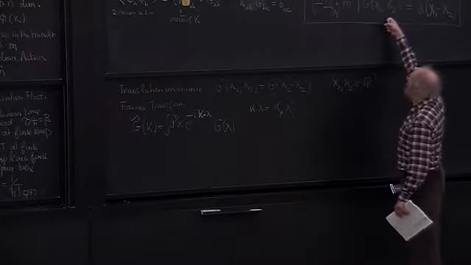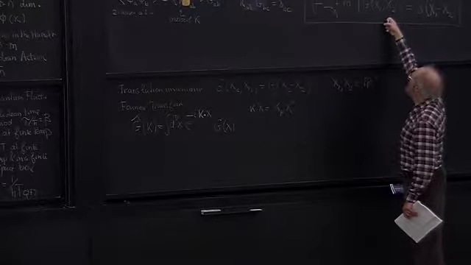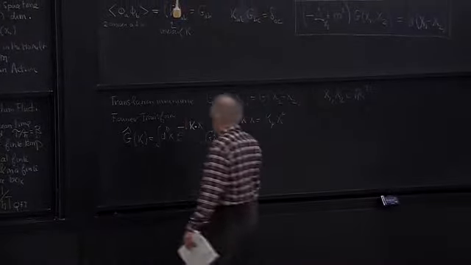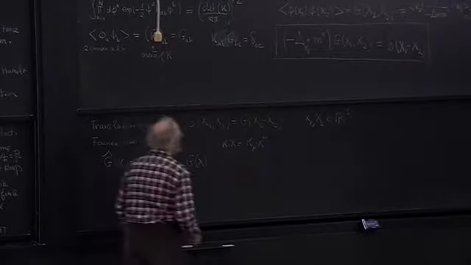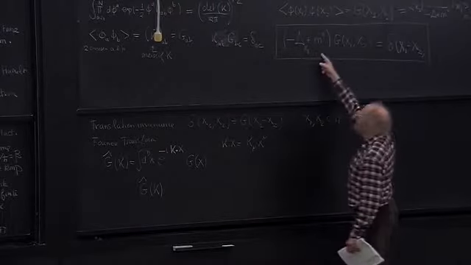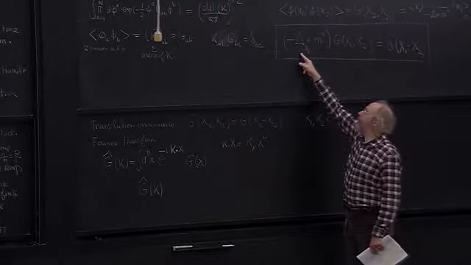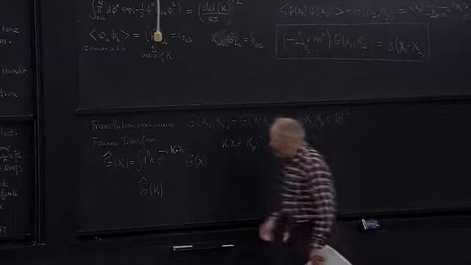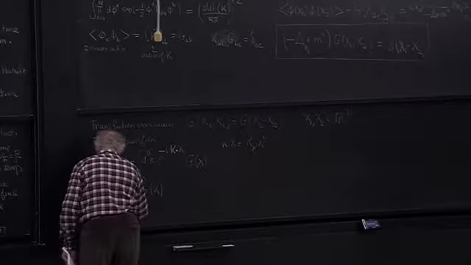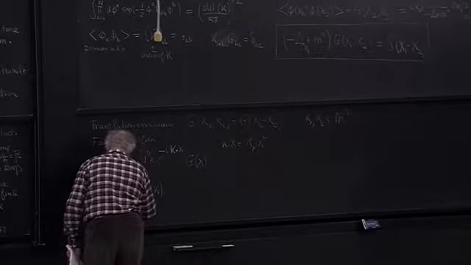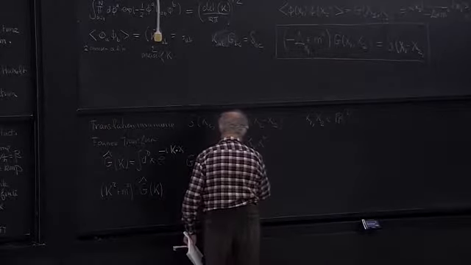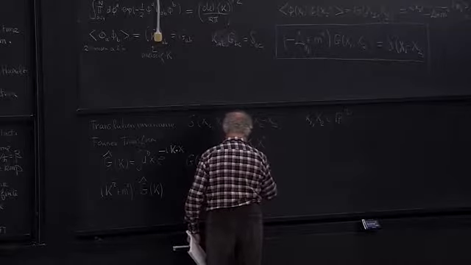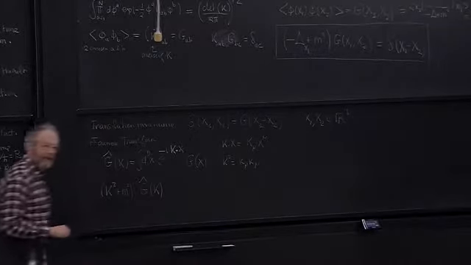And when we transform this equation to Fourier space, we get an equation that relates G hat of k. What is the Fourier transform of the differential operator, minus the Laplacian plus m squared? This is just k squared plus m squared, where k squared is the sum over mu of k mu squared.